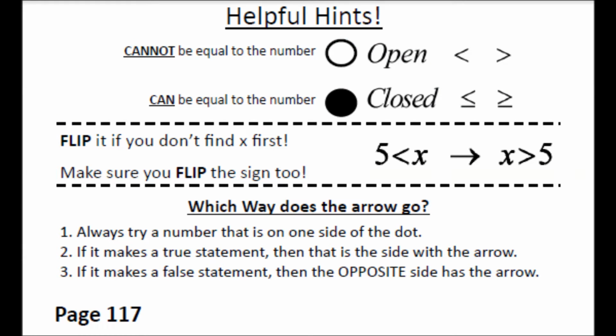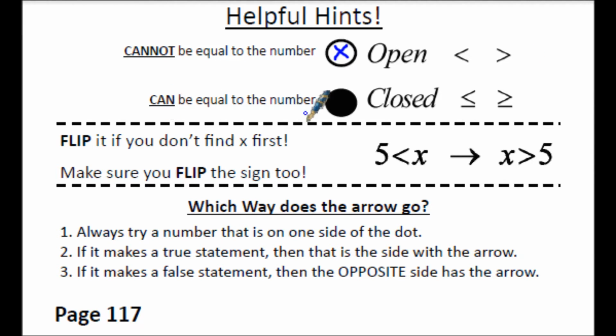There are a lot of helpful hints when graphing inequalities. First, if you cannot be equal to the number, we're going to have an open circle, which means there is not a solution at the point that we have the circle. We are going to use the less than or greater than symbols to show that it can't be equal.